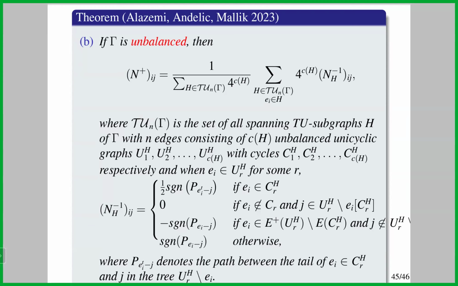You have already seen this result before. Again, this is going to be a summation formula. But if you want to work on a particular class of unbalanced signed graphs, things would probably be nicer if you can come up with some good combinatorial formula. I didn't want to give you an example for this.